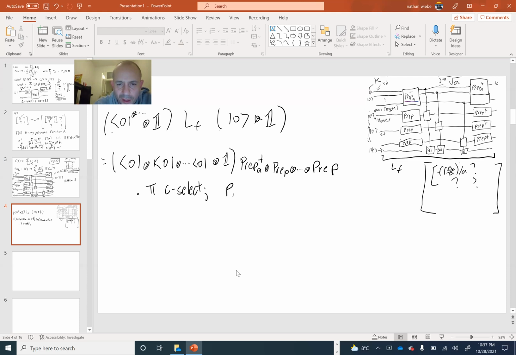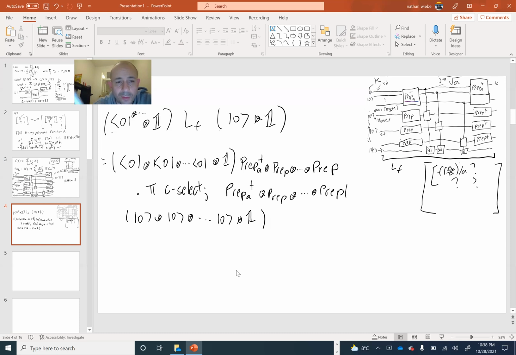And then we're going to have prep A dagger tensor prep tensor prep over here, all acting on the state 0 tensor 0 tensor 0 tensor identity. Okay, so that's our state.